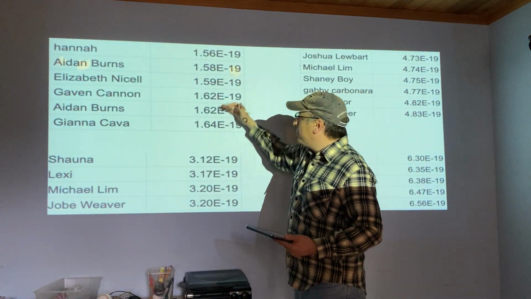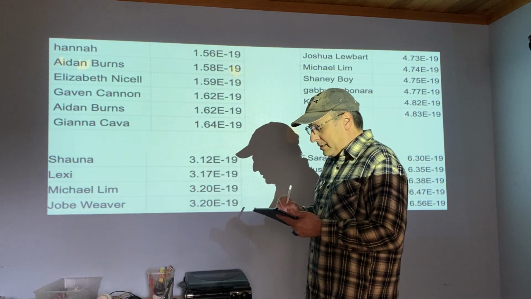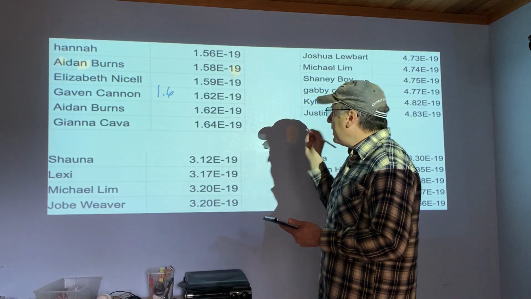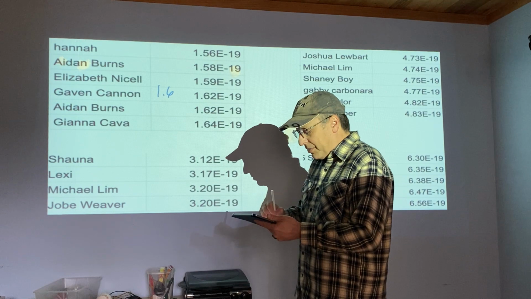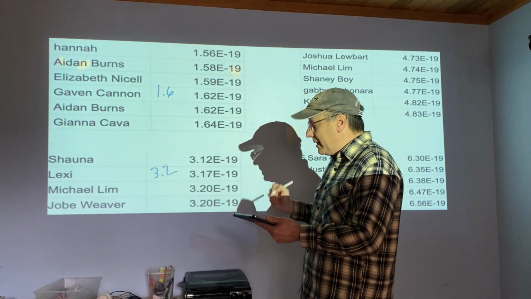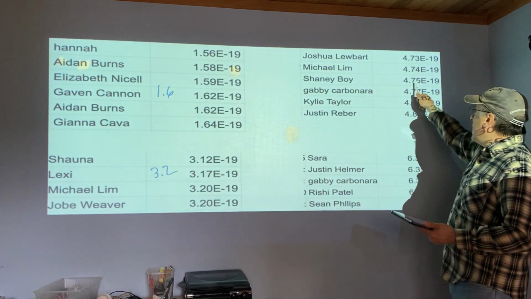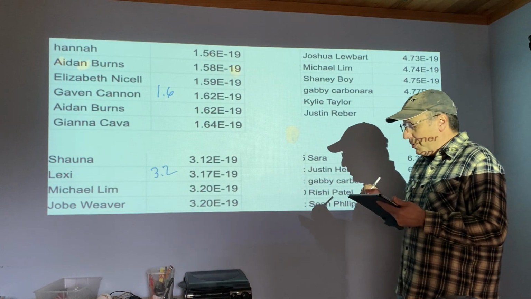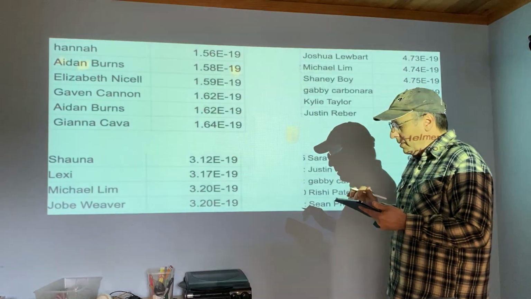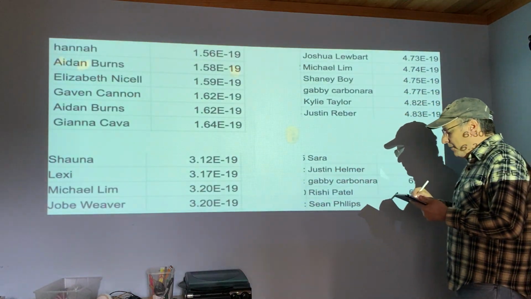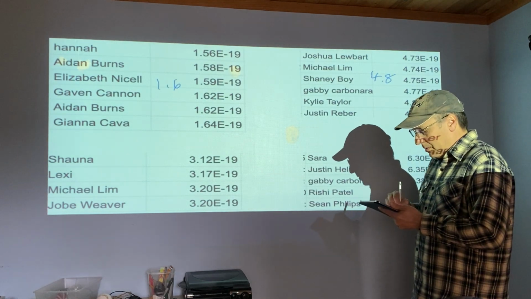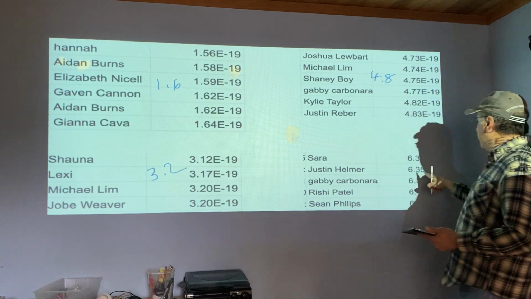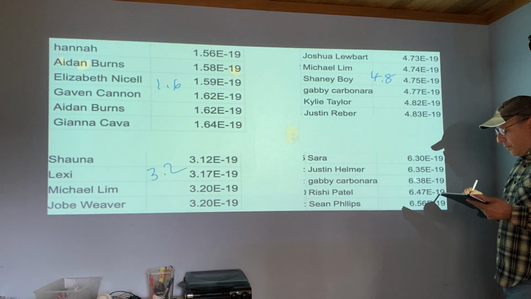So I get a cluster around 1.6 e to the negative 19th. I get another cluster around 3.2 e to the negative 19th. I get a cluster of around 4.8. And I get another cluster around 6.4.